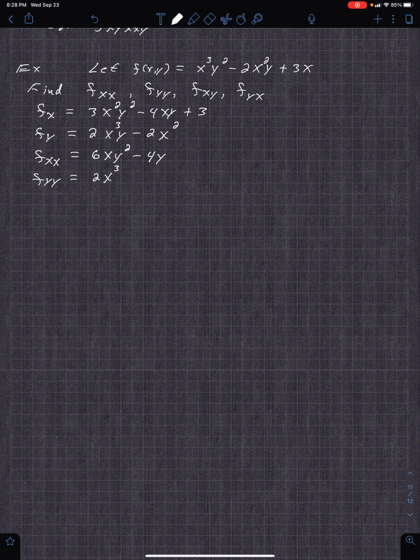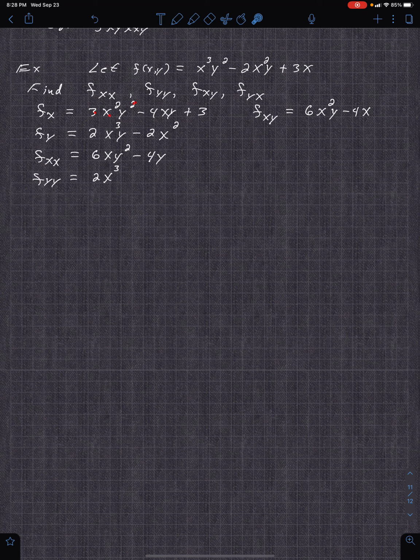Okay, then let's do fxy. I'll just come over here. So this is partial x then y. So we're going to do the then y part. The then y part gives us 6x squared y minus 4x, right? So this is this with respect to y.